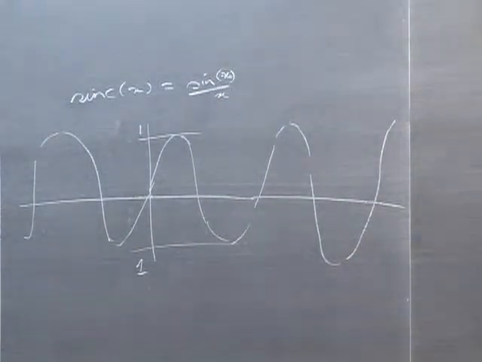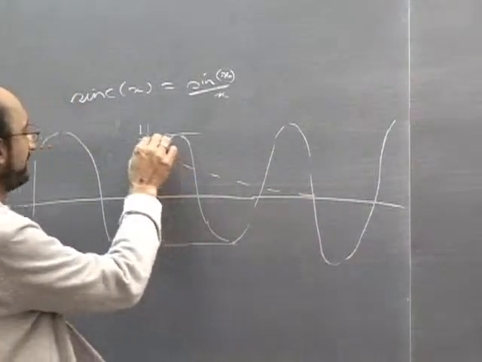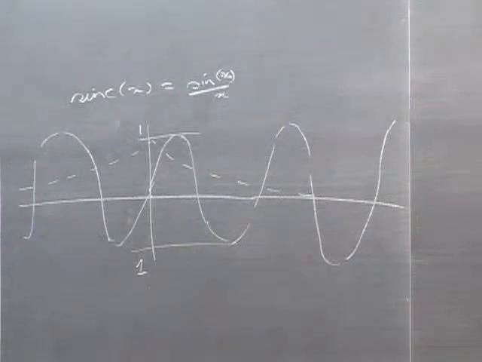So as x keeps increasing, we reduce the magnitude. Let's say x is 1,000,000. Sine of 1,000,000 radians is something between minus 1 and 1, but we're dividing by 1,000,000, so it's going to die down on both sides, essentially linearly.